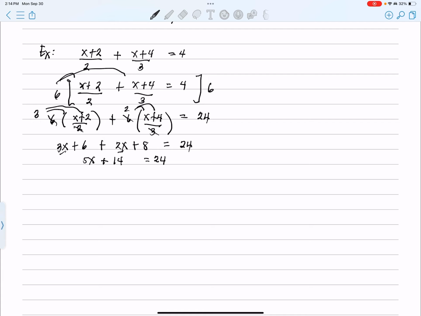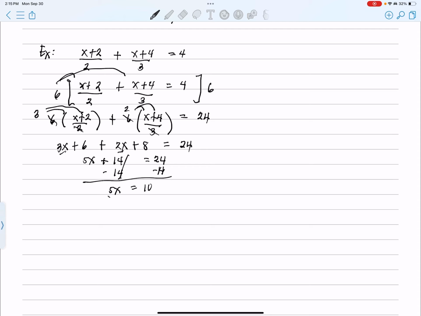Then we are going to bring the variables to one side and the constants to the other side. So I'm going to bring the constant 14 to the right side. Okay? So I have 5x equals 10. 24 minus 14. Then after doing that, we're going to isolate the variable.